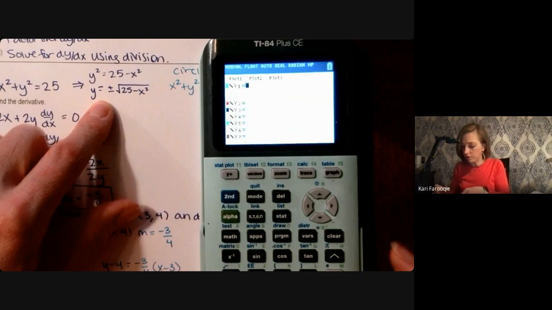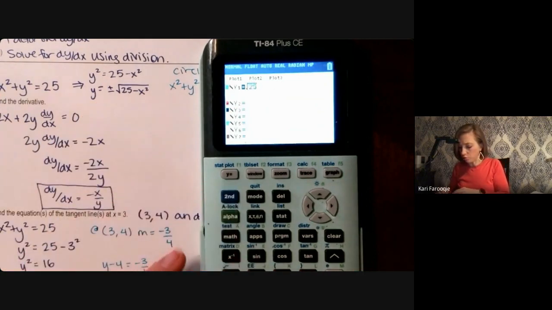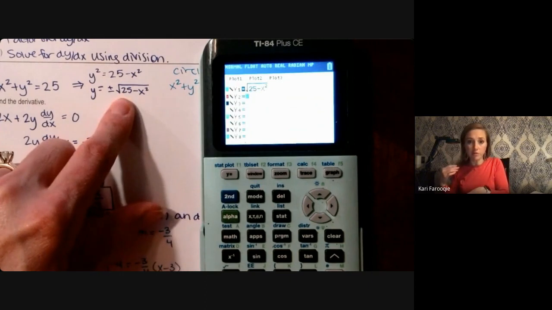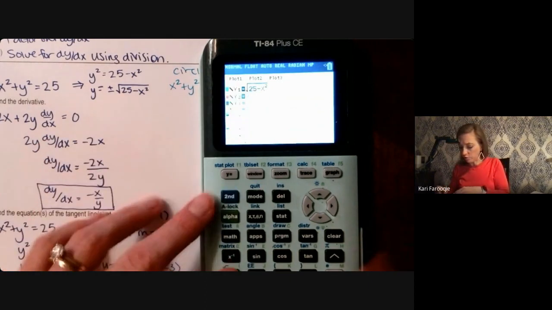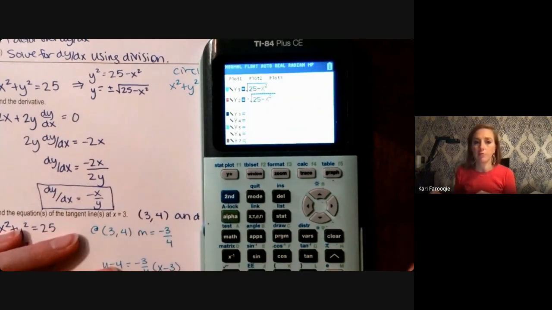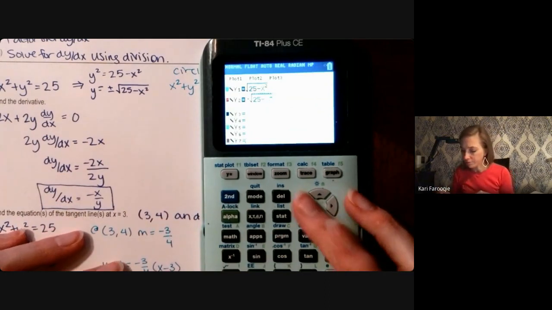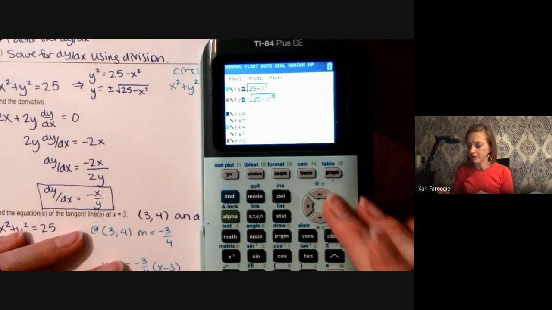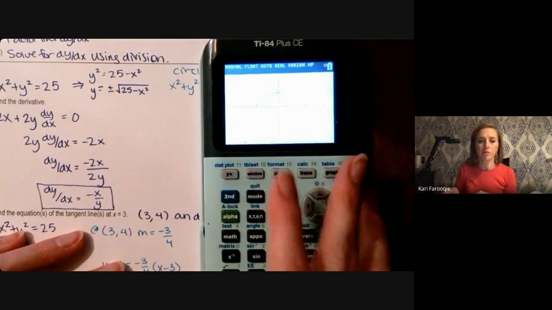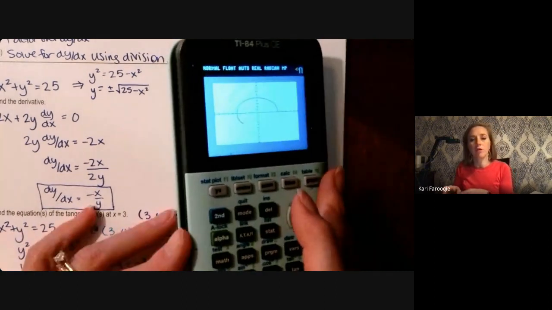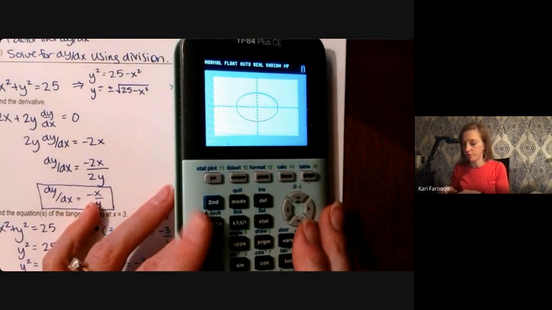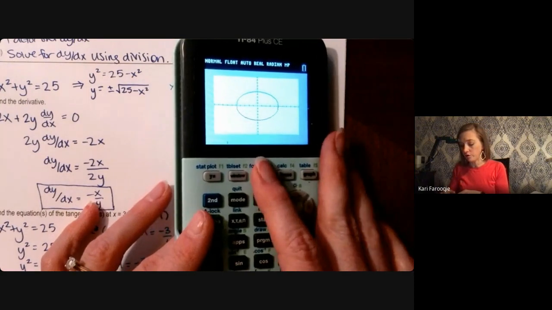So let's say we enter the square root of 25 minus x squared, and that gives you the top half of the circle. The negative square root of 25 minus x squared is going to give you the bottom half of the circle. If you graph this, I'm going to zoom 6 to zoom standard. Oh, goodness. Okay, now it doesn't look very circular. It looks a little bit elliptical, but that's because of our standard zoom.